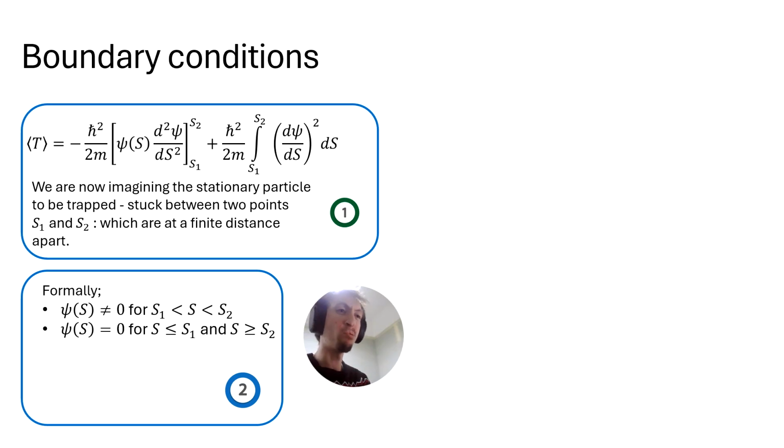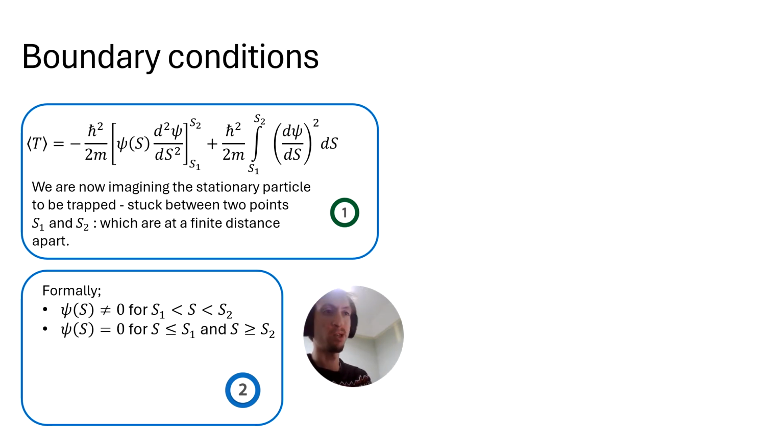And because we get the probability density function from the wave function, the wave function also has to be 0. And since probability density functions have to be continuous, because if they're not continuous, we have two different probabilities at the same point in space, which doesn't make any sense.